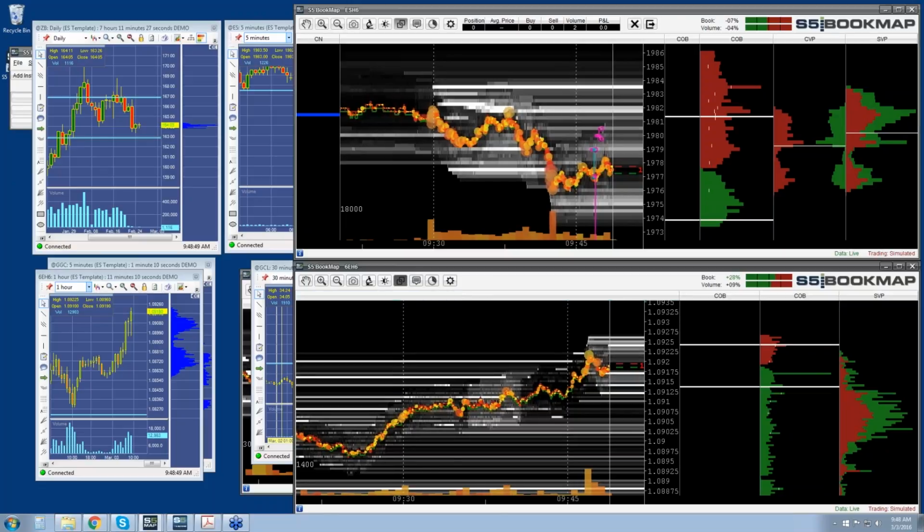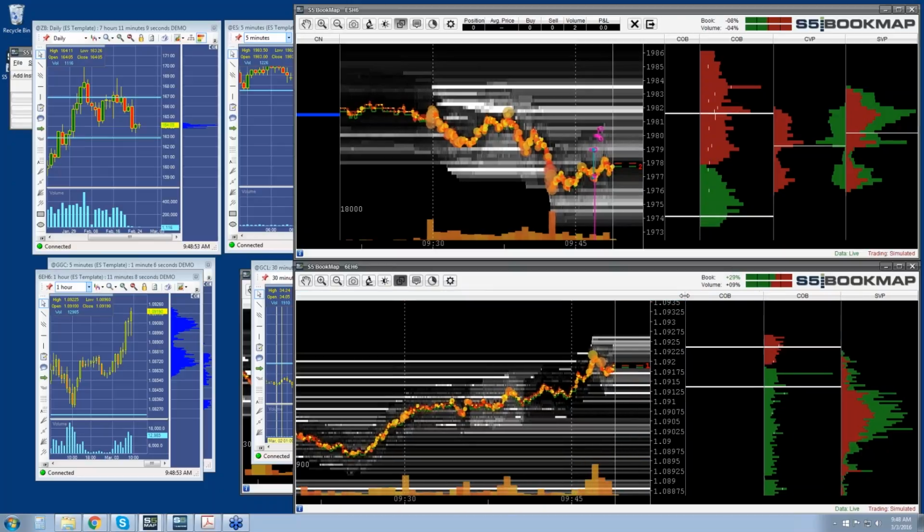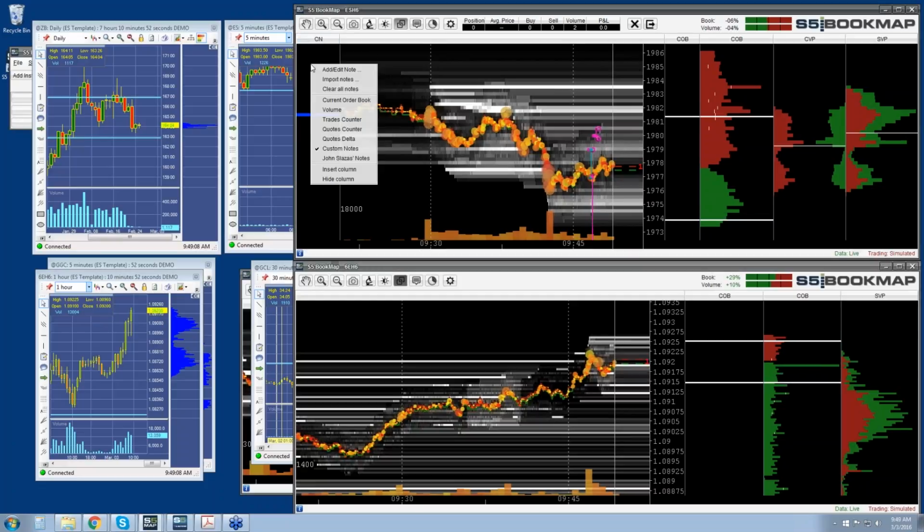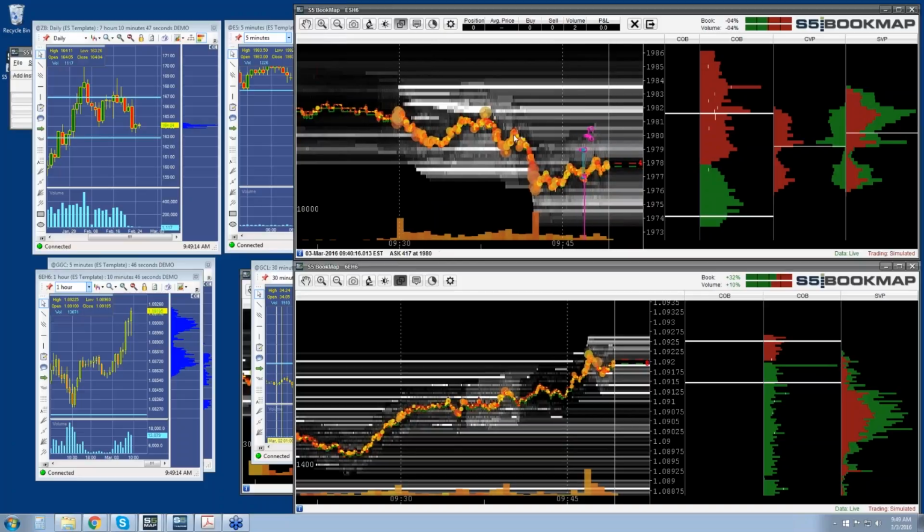Let me line this up a little bit better, because then you'll notice these vertical lines will start to sync together. They're not syncing quite that great right now because I opened up the S&P a little bit later as well. Okay, let me hide that. There we go. Okay, so I'm synchronized between these two charts.